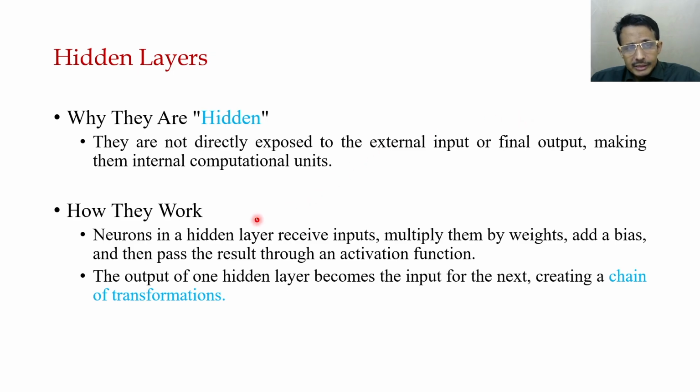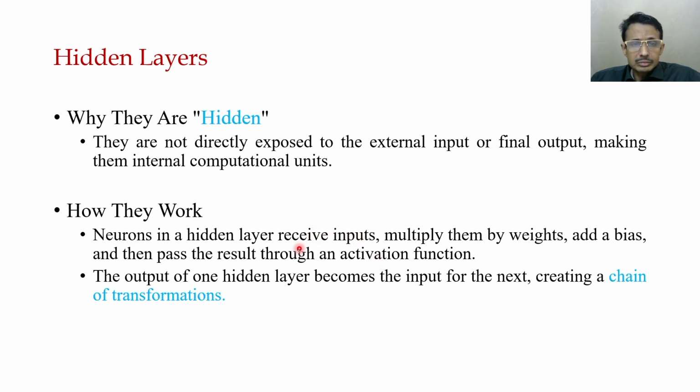Now also with that, we have discussed that neurons in a hidden layer receive input, multiply them by the weights, add a bias, and then pass the result to an activation function. That is the very basic thing being done. That is important.